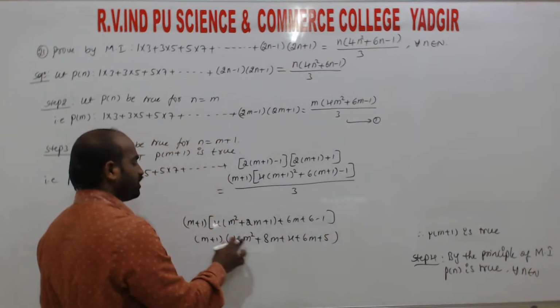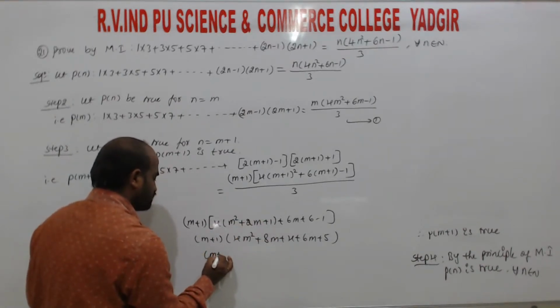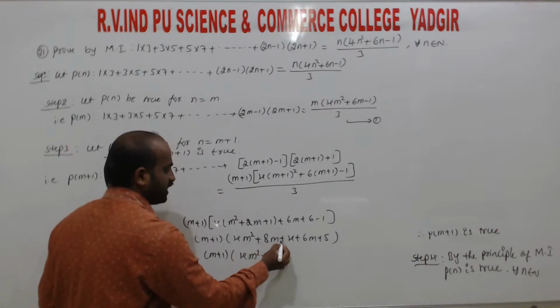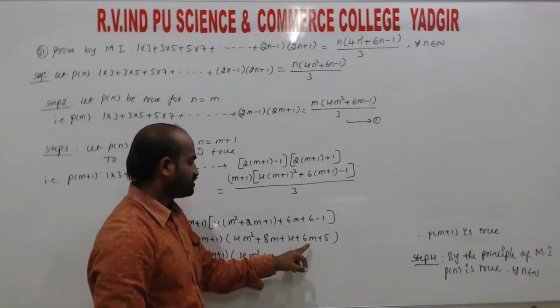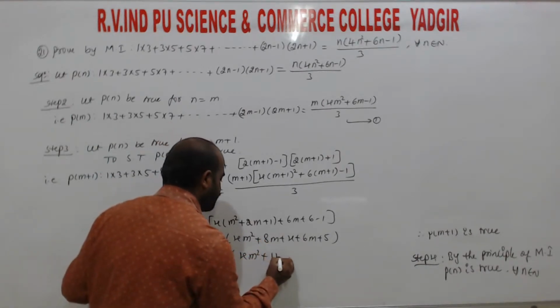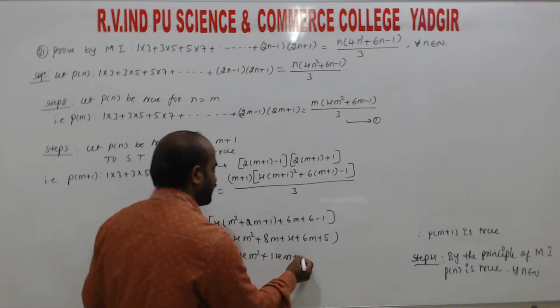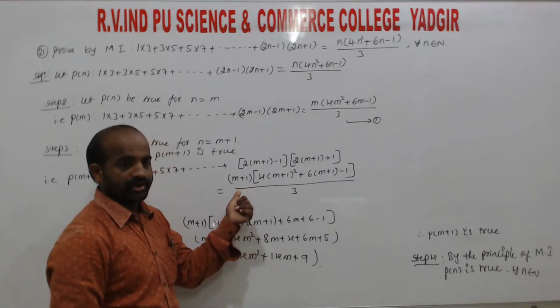Okay, 4m square plus 8m plus 4. m plus 1 into 4m square plus 8m plus 6m, 8m plus 6m, 14m. 5 plus 4, 9. Okay, prove this condition in numerator.